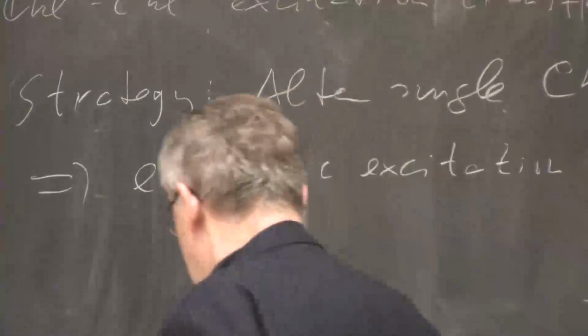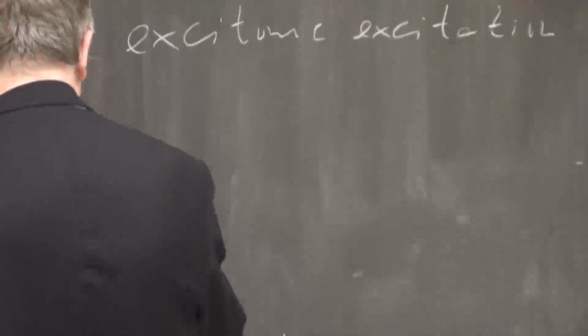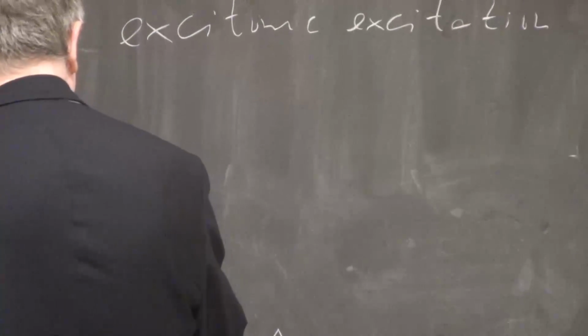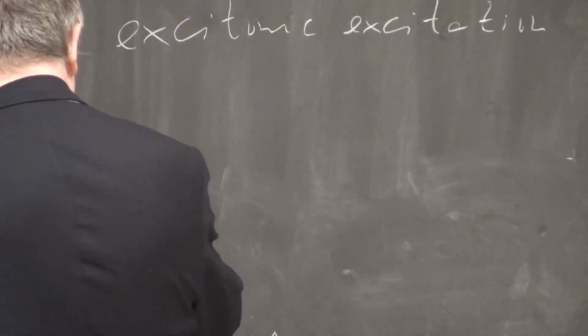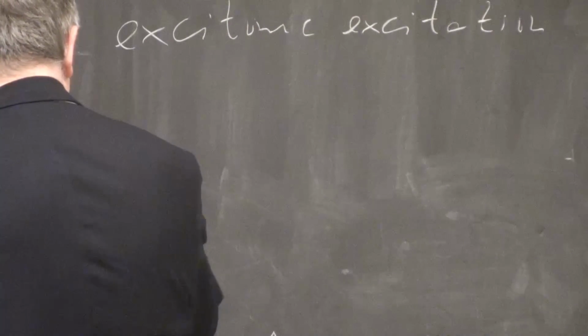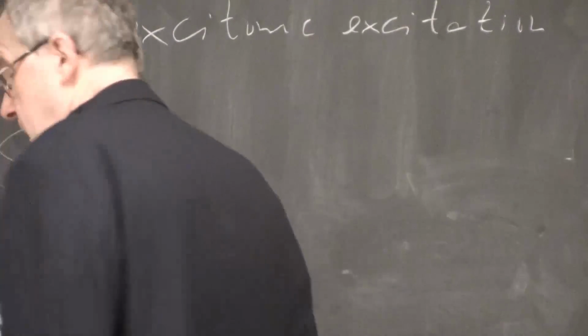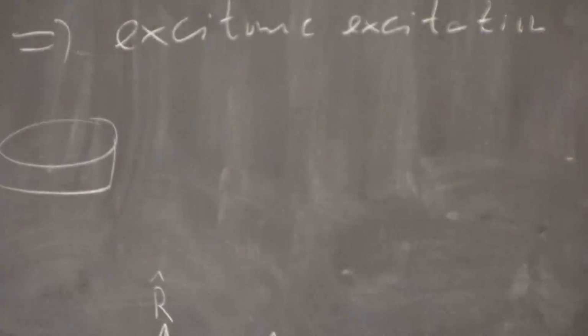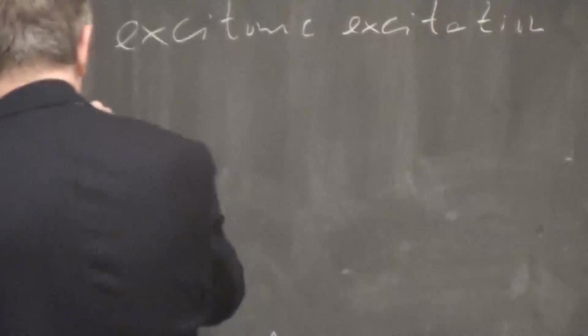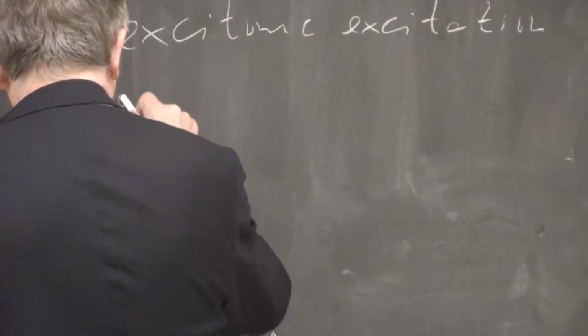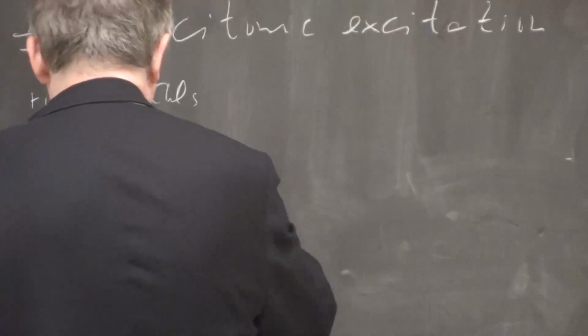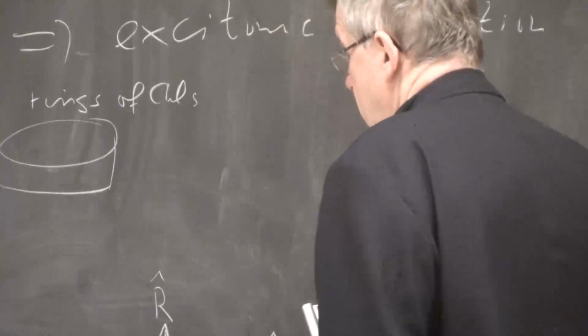Okay, what's excitonic excitation? So you saw this in the pictures I showed you, that in photosynthesis the chlorophylls are forming, in the bacterial system, in plant system and other bacteria, you find not quite the same, but in principle something similar. They form rings of chlorophylls.